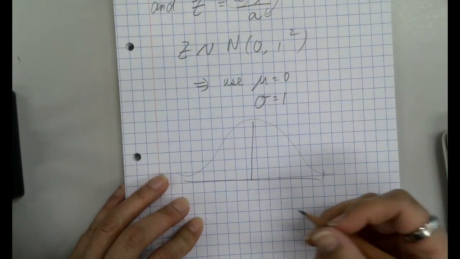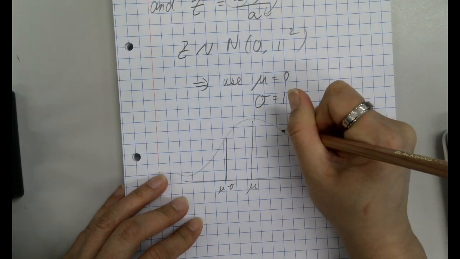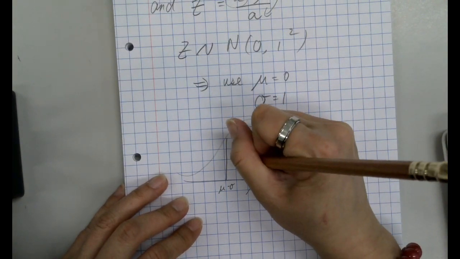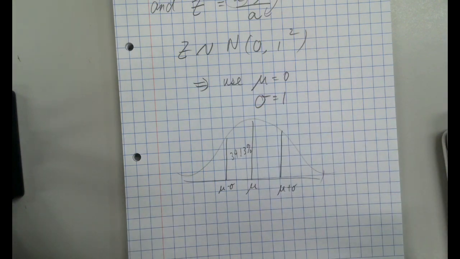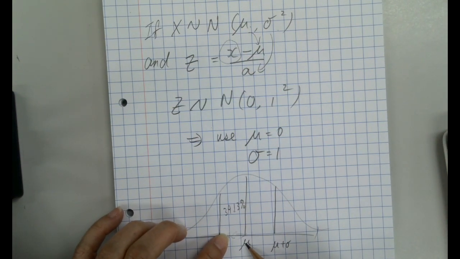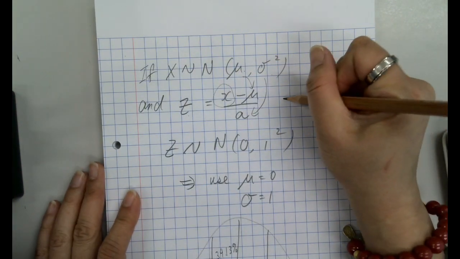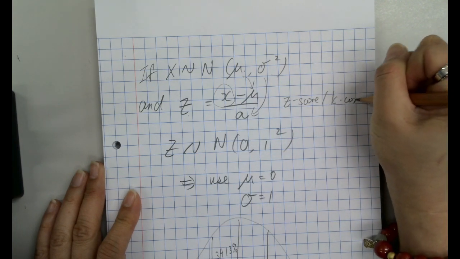So instead of drawing the diagram, now you have the mean, and this is mean minus standard deviation and mean plus standard deviation. Officially, it's 34.13%. But since we might not know how far x is away from the mean, we have to find out the portion of it. This is what we call the Z score or K score, depending on which book you use.